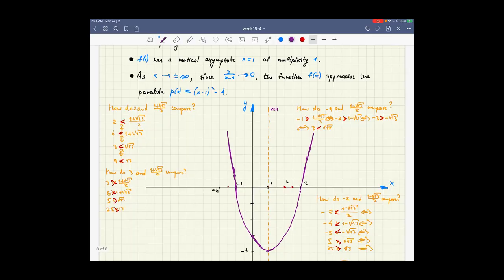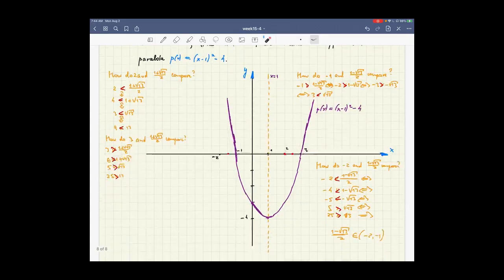So this is the graph of P, x minus 1 squared minus 4. And remember that at infinities, our rational function should really get close to the parabola.